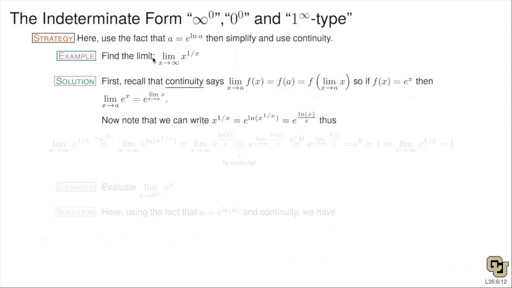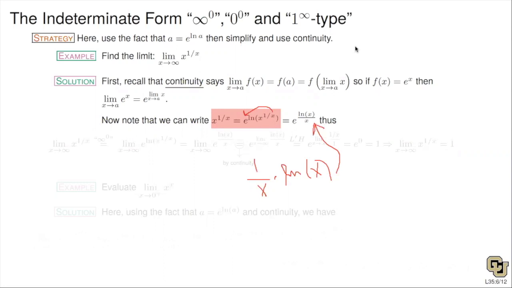So let me put it all together. First, let me rewrite x to the 1 over x as e to the ln of x raised to the 1 over x, and then bring this 1 over x down in front. We get 1 over x times ln of x, and if you multiply 1 over x and ln of x, you get ln of x over x.